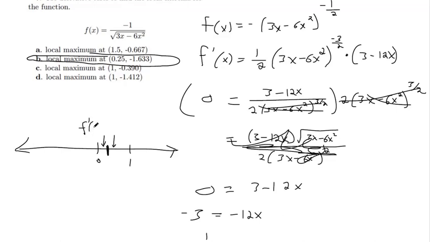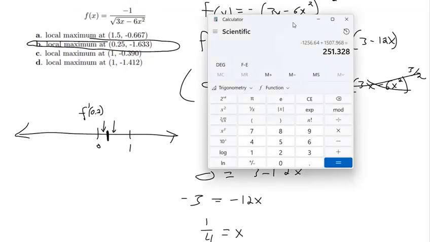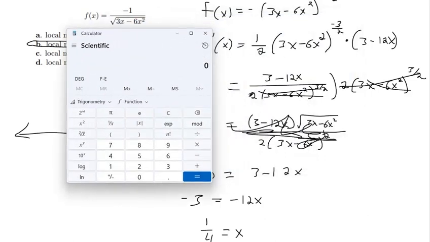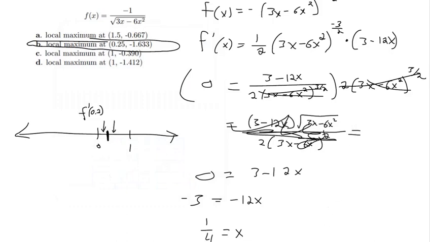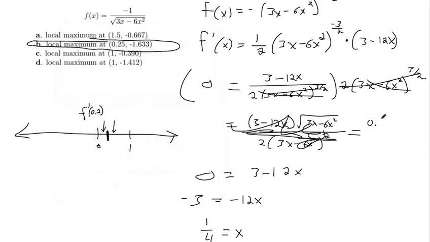Something slightly less than 0.25, let's plug in 0.2 into the derivative. We really just care about the sign of the number. It's actually easier to plug it in down here. In the numerator, we got 3 minus 12 times 0.2, which is 3 minus 2.4, which is 0.6.